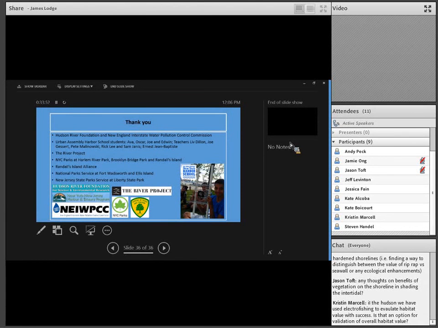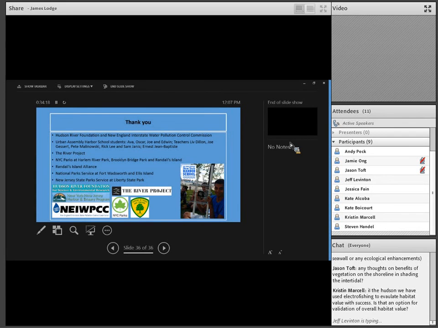Two points. One is that it appeared that the improvement of riprap over seawall was very minor, which was kind of disappointing. I was hoping that riprap would be a lot better, but it appears that it wasn't.